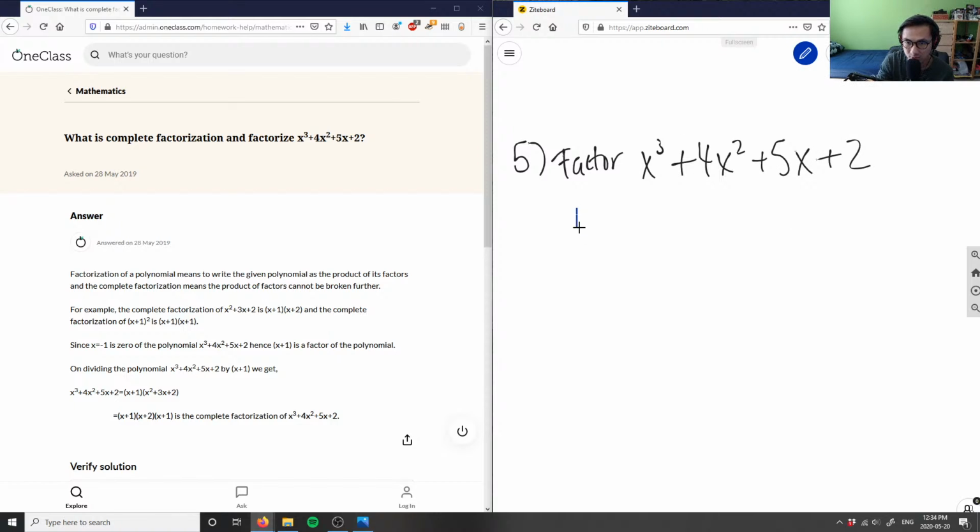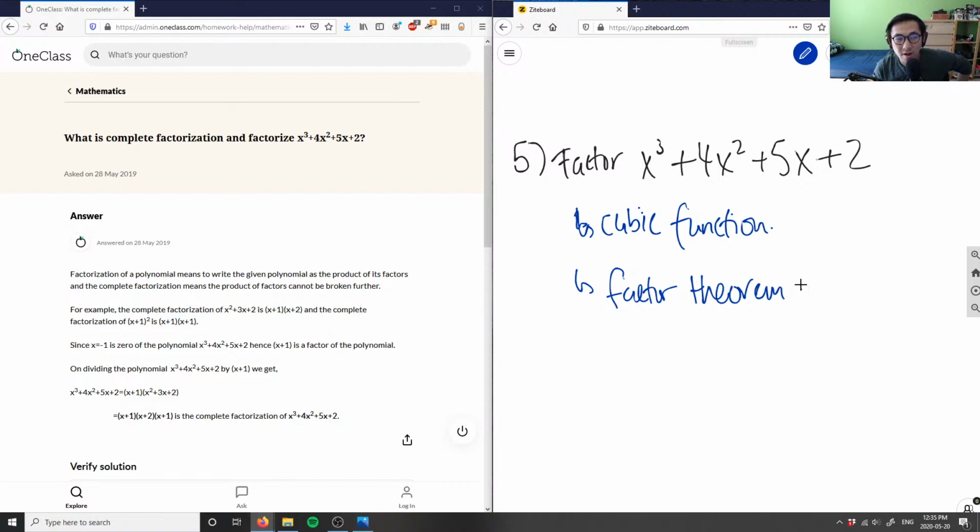So I can't use the quadratic formula in this case. What I have to do is use something called the factor theorem. Think of the general formula ax cubed plus bx squared plus cx plus d.